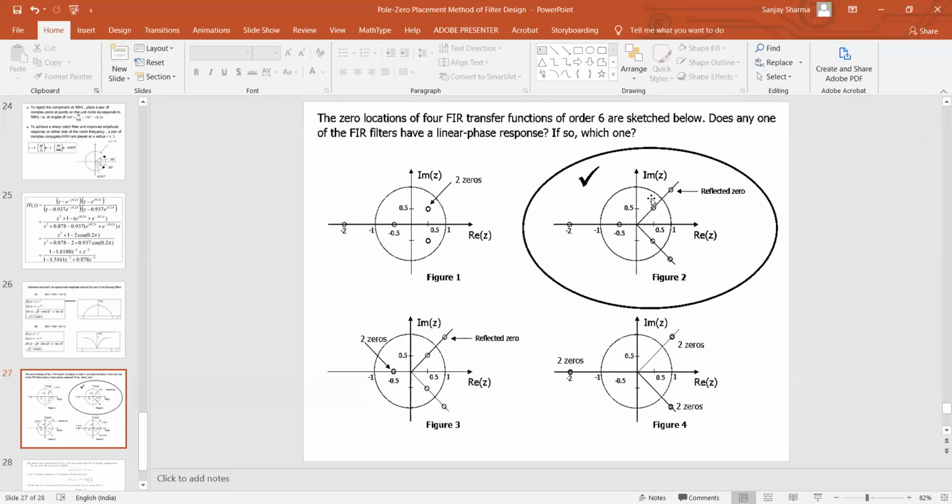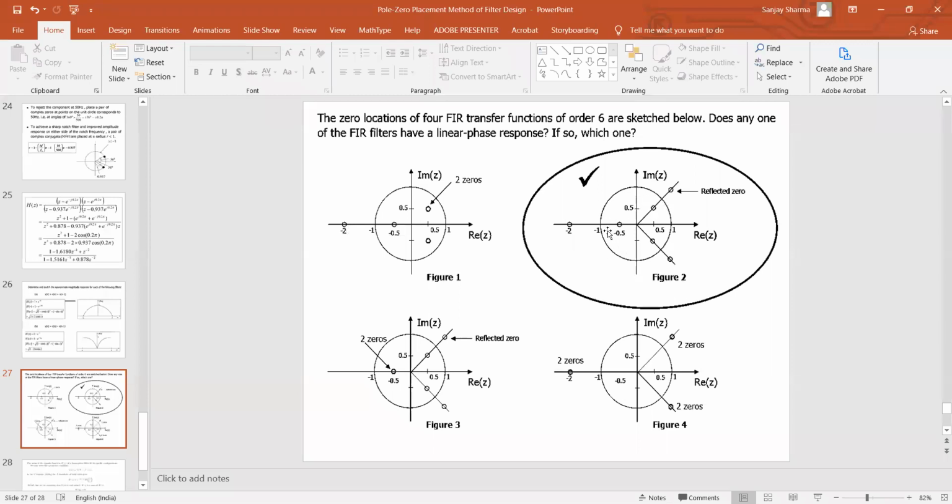In the other case, where are the zeros? One zero is here, one is here, one is here, one is here, one is here. In this system, zero placements are like this. Now, if you carefully look at this, this is a mixed phase system, because 1 zero is outside, and the other zeros are inside.